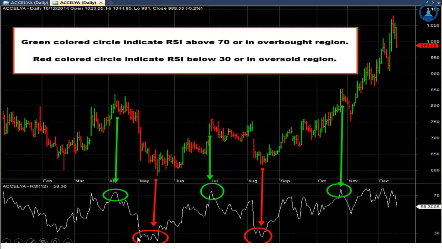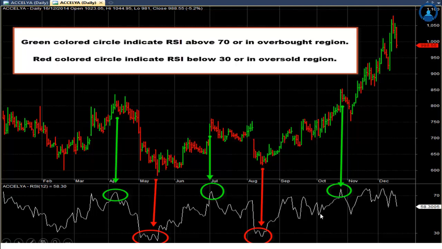Here you can see prices reach an oversold condition, and prices tend to change direction. RSI reaches the level of 70, gives a reading of above 70, and prices find a short-term top. Prices come down, and RSI gives a reading of below 30, prices change their direction and surge higher.